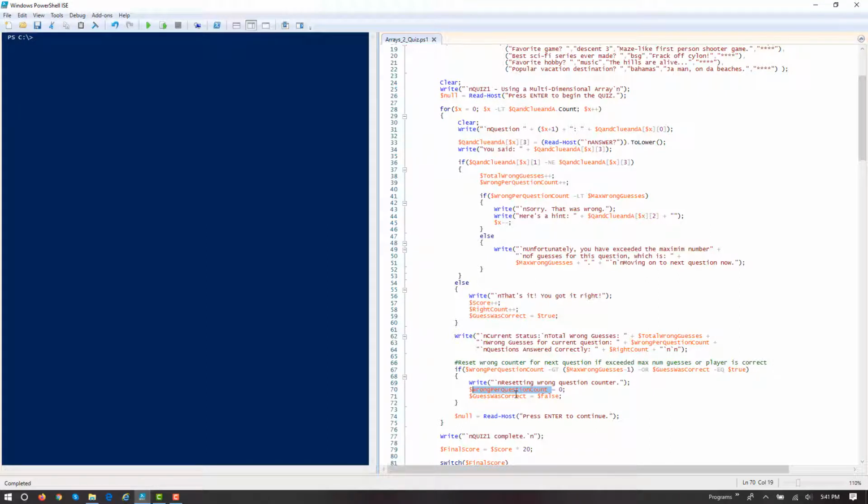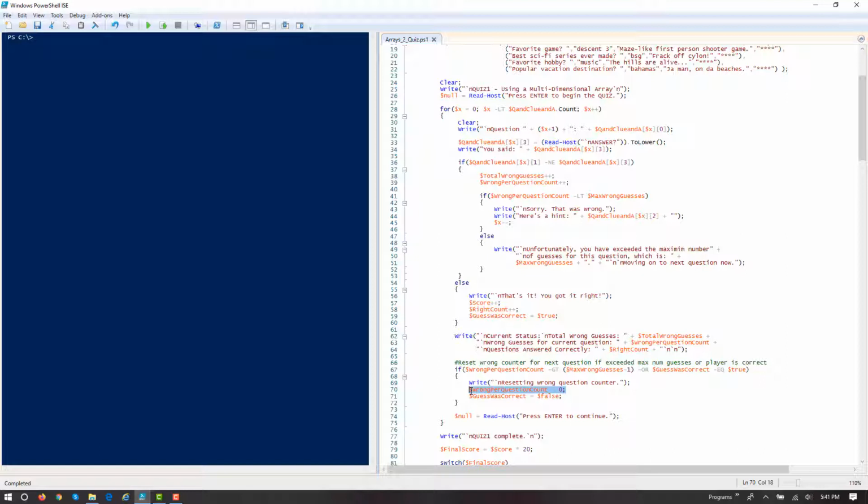So say they guessed 2 wrong guesses and they got it right on the last guess. Well, if we don't reset this, we'd have a logic problem, because then when we rolled around to the next question, our PowerShell would assume, hey, they've already had 2 wrong guesses. Do you understand what I'm saying?